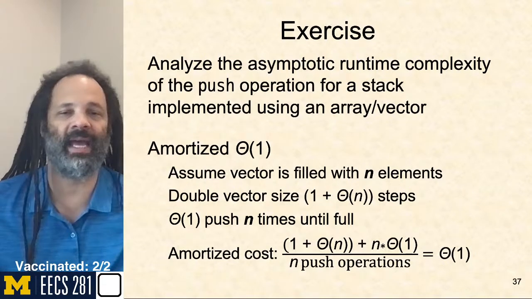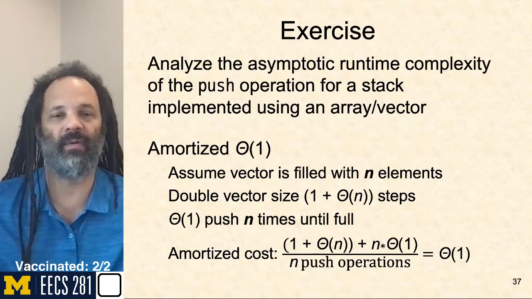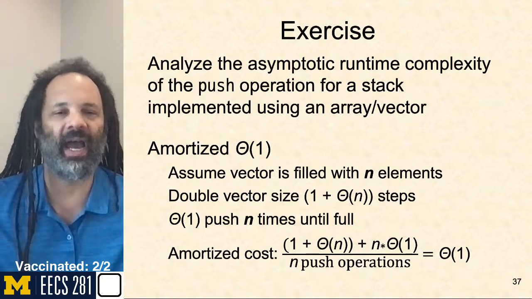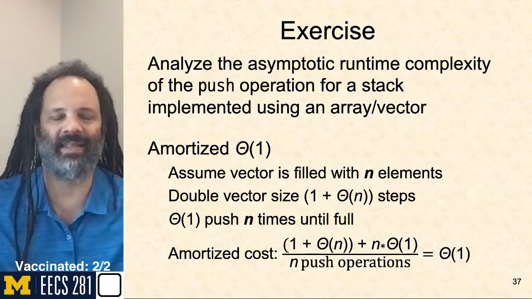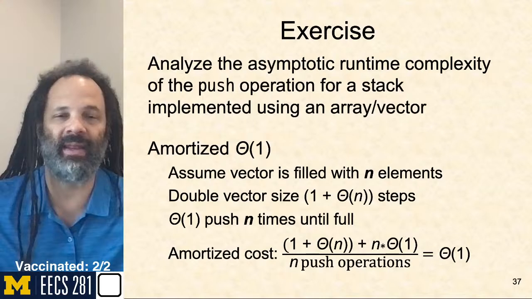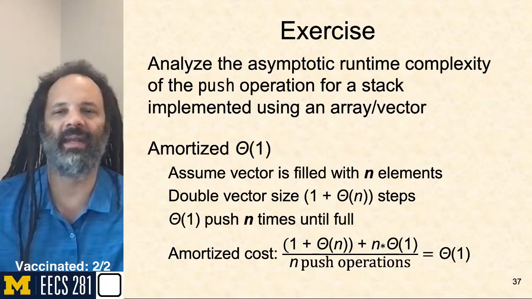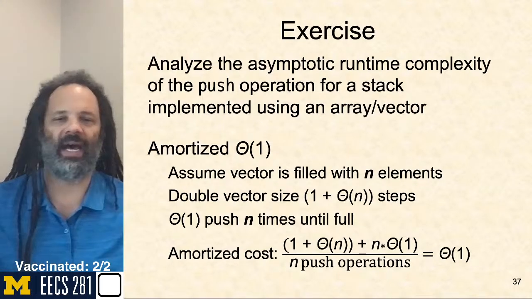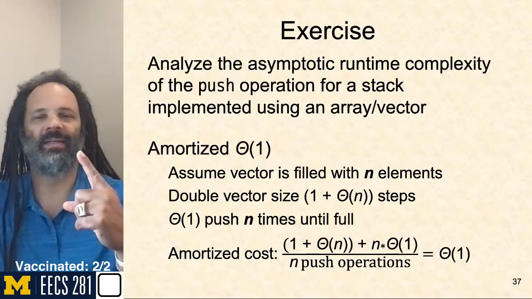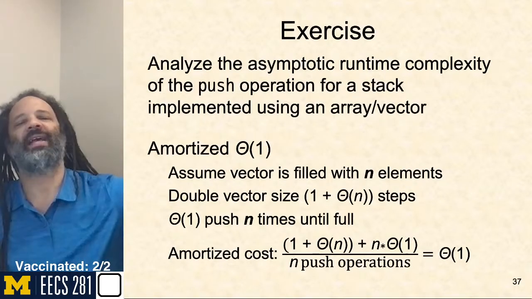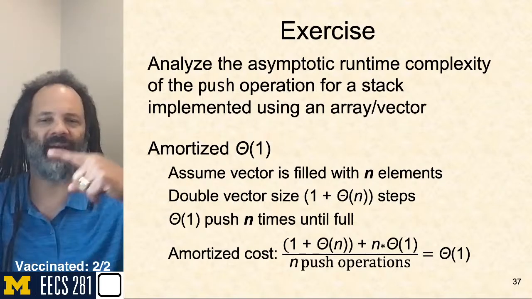It can't be less than n because we will be copying them all over there. So it needs to be even tighter than a big O because it can't be less than n. Copying all n of those items over there is always going to be n. So we'll double the vector size. That's one step just to get all of that memory. But to move everything from the old memory to the new memory, that's the big theta of n work.